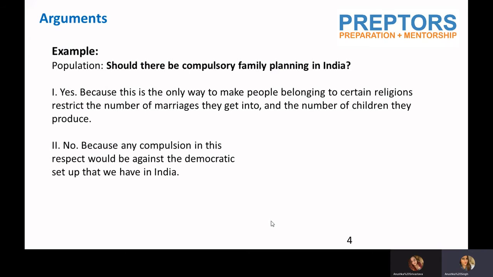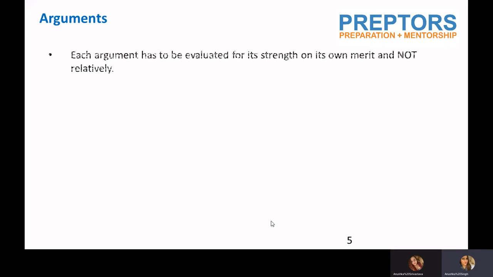But before we decide on any answer, let us see how we will evaluate a strong argument. So here they say that the answer is only 2 is forceful, so only the second argument is a strong argument. But now let us see why the second one becomes a strong argument. Each argument has to be evaluated for its strength.